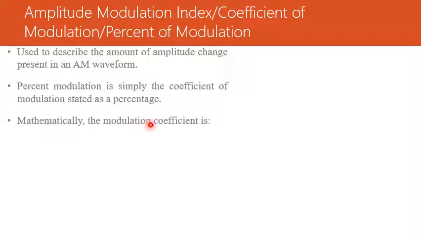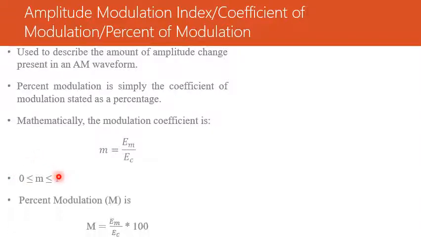Mathematically, the modulation coefficient is described as m equals Em by Ec, where Em represents the amplitude of the modulating signal and Ec represents the amplitude of the carrier signal. The value of m varies from 0 to 1, and percent modulation is simply the coefficient of modulation described as a percentage. So capital M equals Em by Ec into 100.